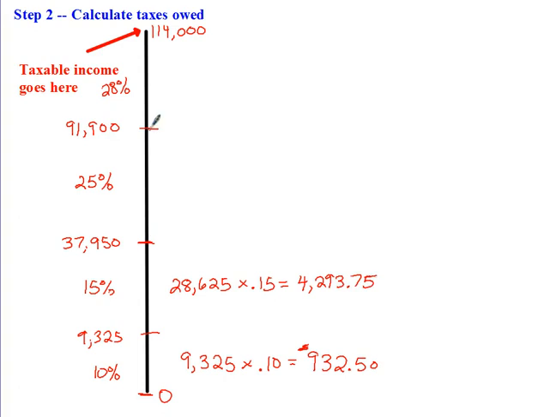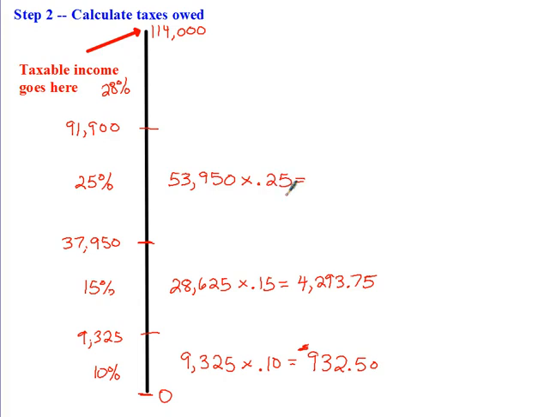All right. Now, he still made more money. So in the next bracket, he goes from 37,950 up to 91,900. So top of the bracket minus the bottom of the bracket. So let me do that. 91,900 minus the bottom of the bracket, 37,950. And I get income in there of $53,950 times 0.25.